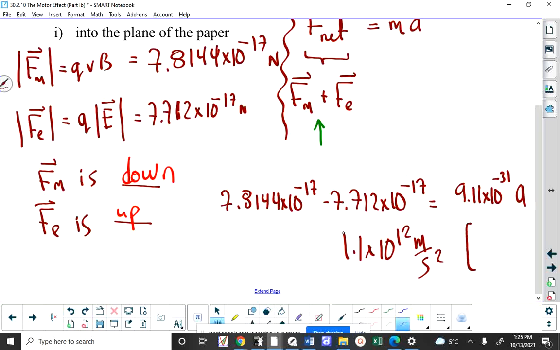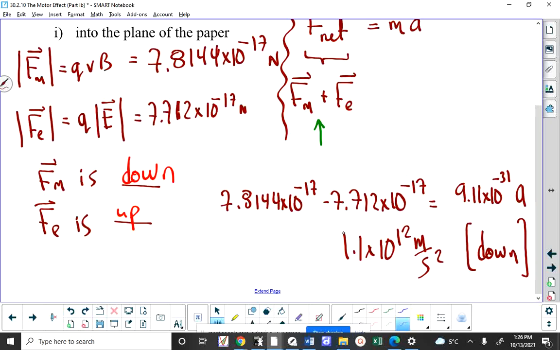And we should put a direction on that. What direction will the acceleration be at that point in time? It will be in the direction of the magnetic force, because the magnetic force was a larger force in the opposite direction compared to the electric.